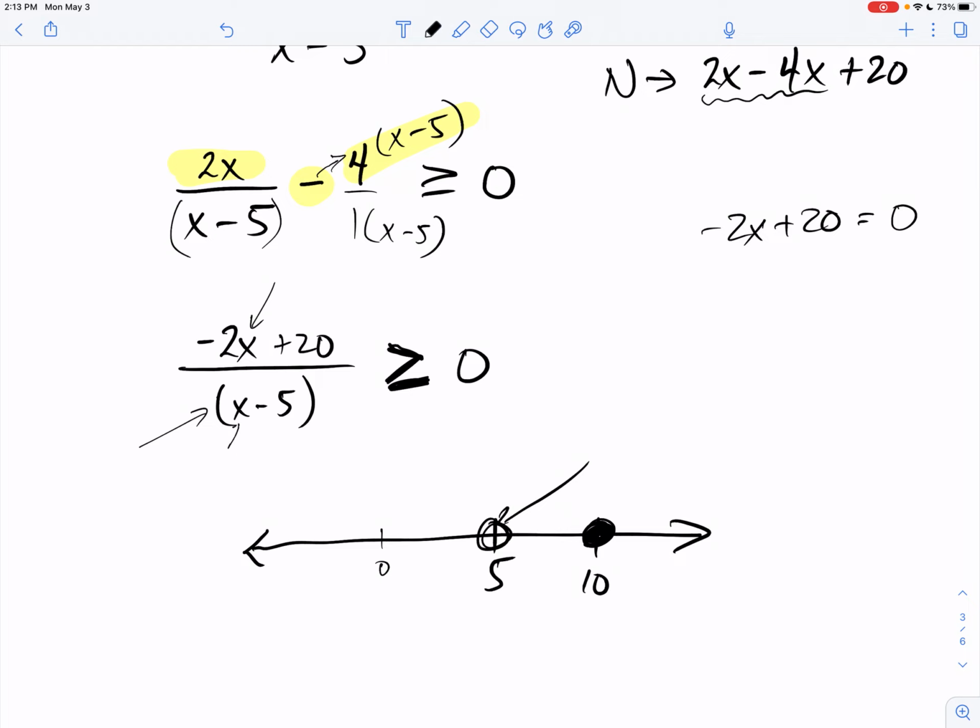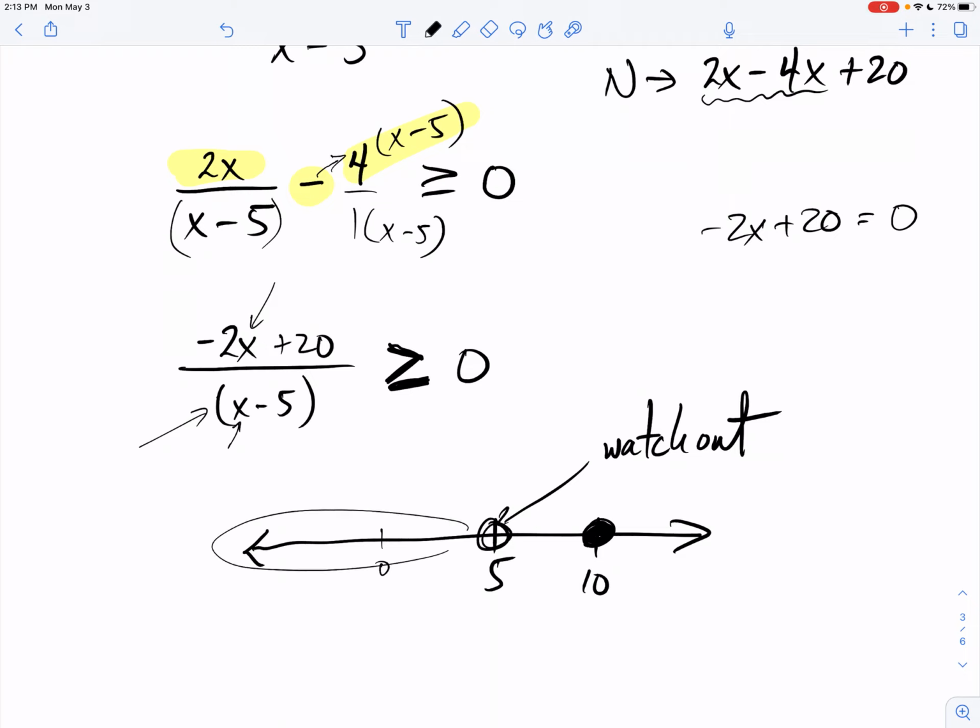If I put 5 in the bottom, I will get 0 in the bottom, and I cannot divide by 0. So you have to watch out. 5 is not included. It stays an open circle. The top part could be 0 all day long. The bottom part cannot.